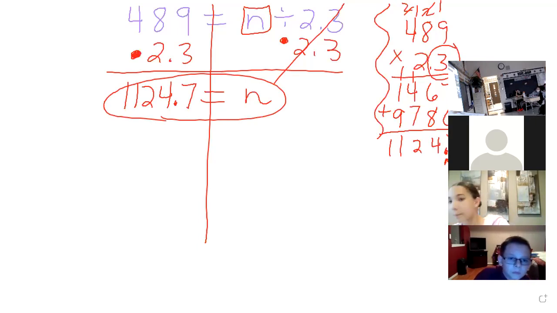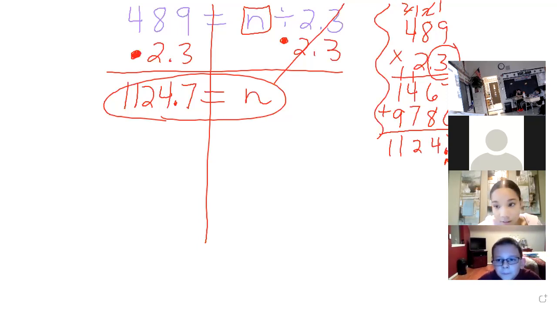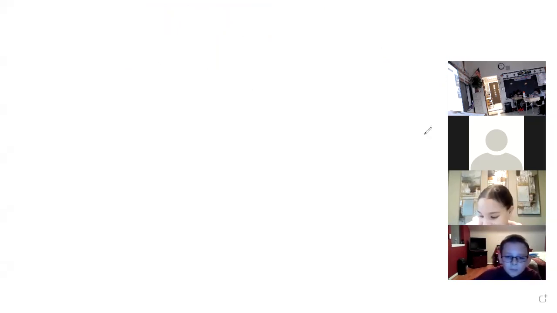Set up number 3 for me. How are we doing with number 3?